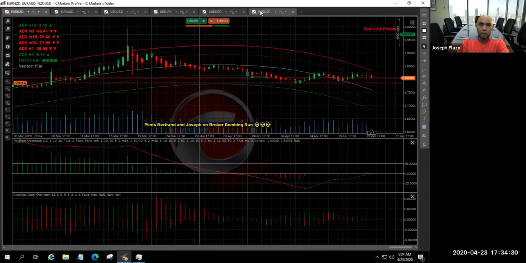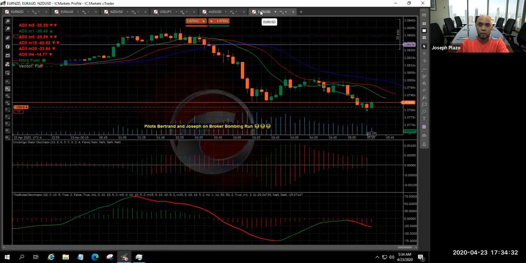Let's look at the EUR/USD, for instance. The signals that you want to check are your ADX, which is your average directional index. The ADX would tell you how strong the trend is. Now, I have very customized indicators that you see on the screen.